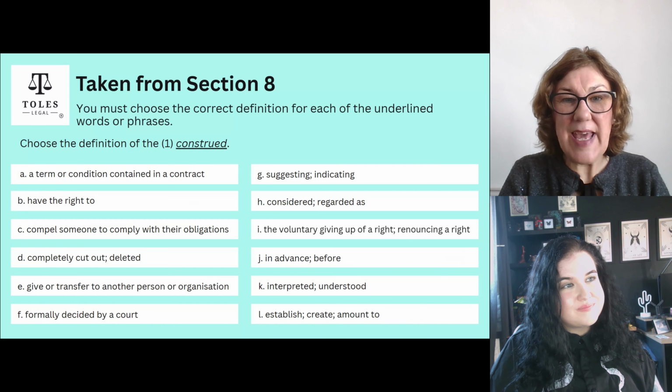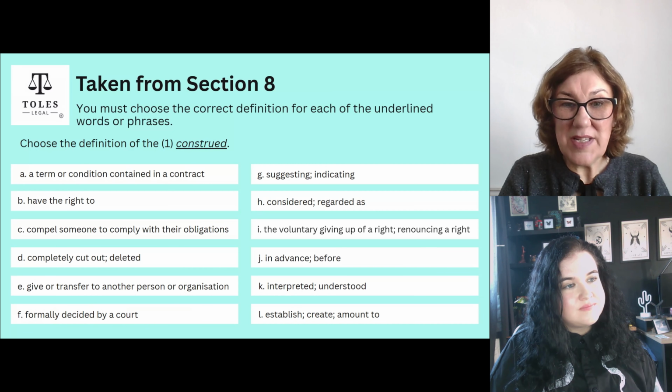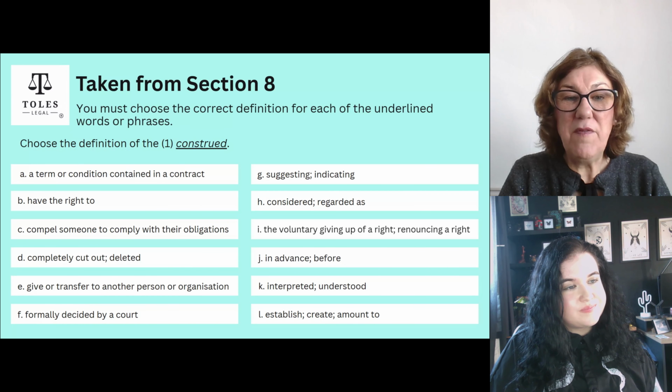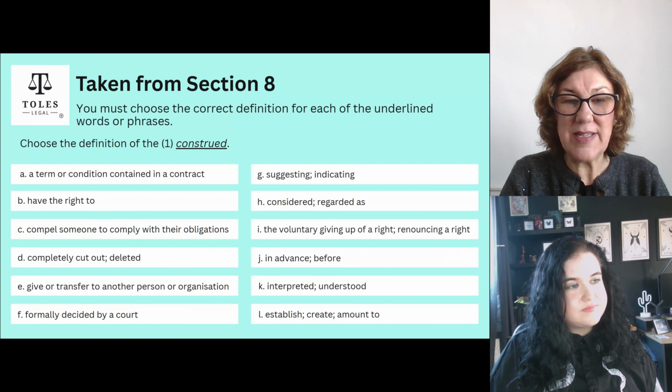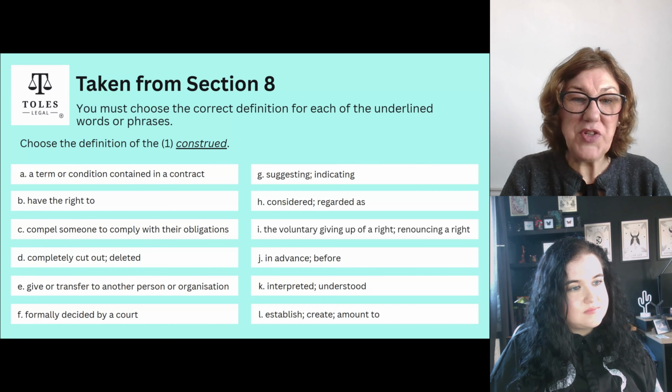Suggesting, indicating, considered, regarded as, the voluntary giving up of a right, renouncing a right, in advance, before, interpreted, understood, establish, create, amount to. 5, 4, 3, 2, 1.